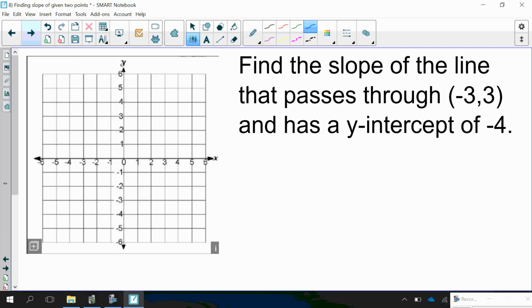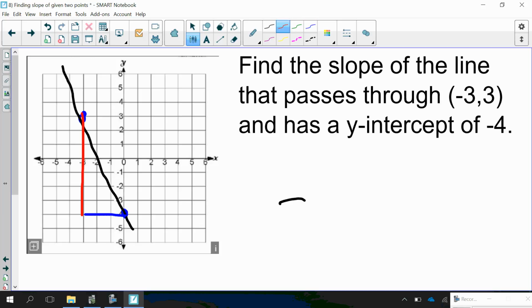Find the slope of the line that passes through negative 3, 3 and has a y-intercept of negative 4. I draw my line through, and this is a negative slope. Let's create my rise and my run.